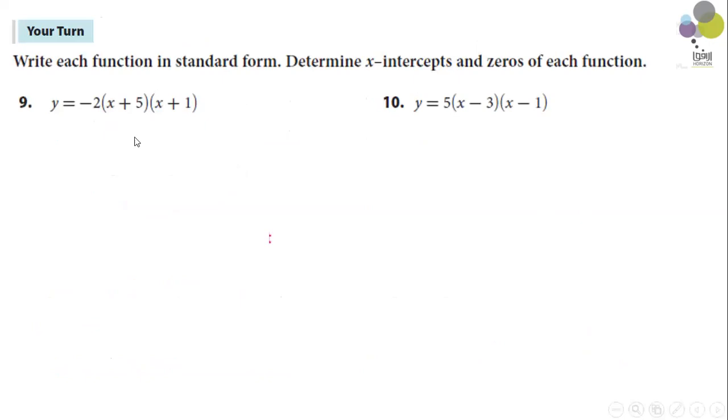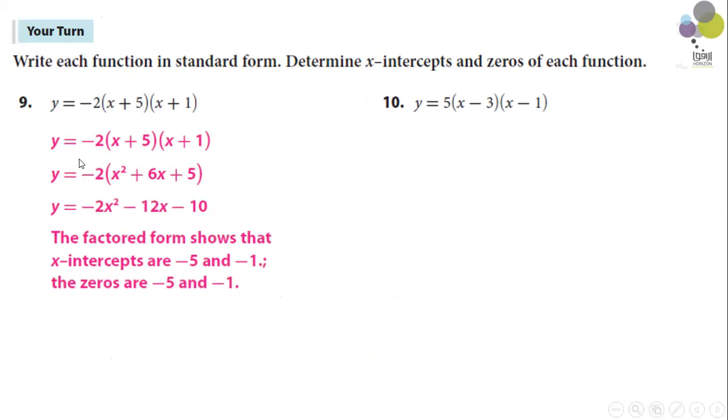Your turn. Write each function in standard form, determine x-intercepts and zeros of the function. So first one, using FOIL, and this is the standard form. The factored form shows that the x-intercepts are -5 and -1.